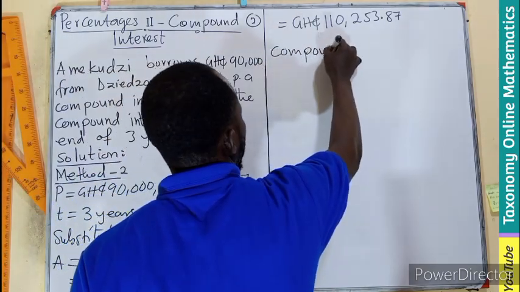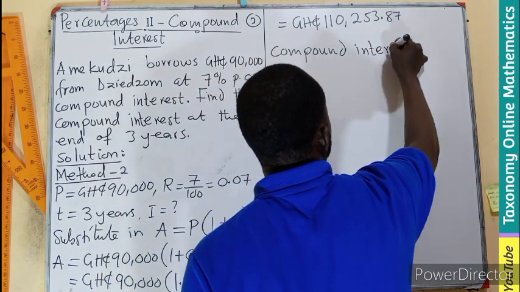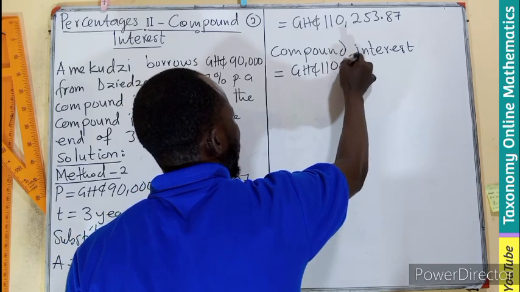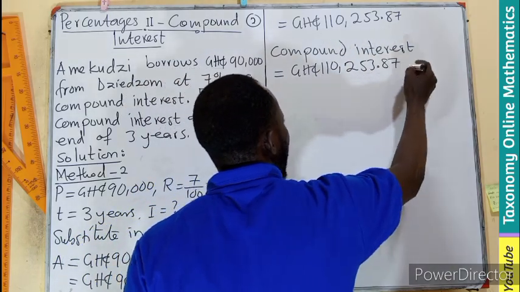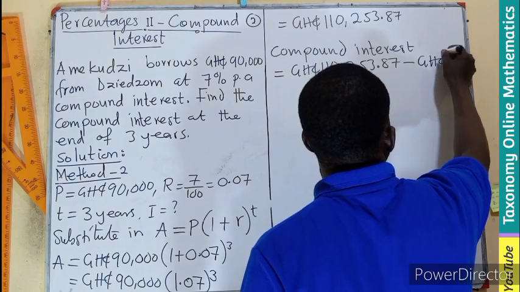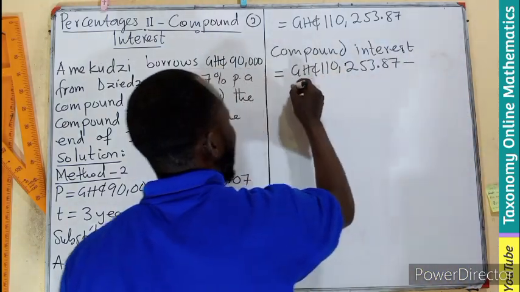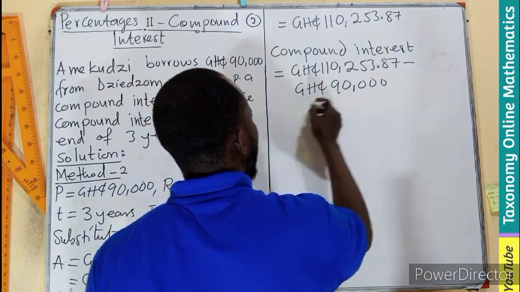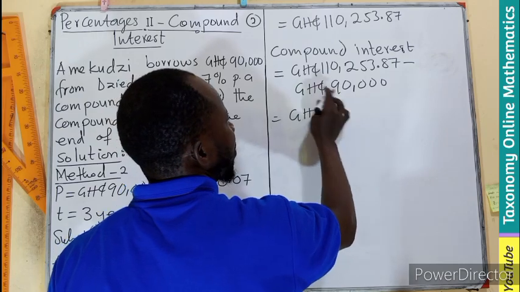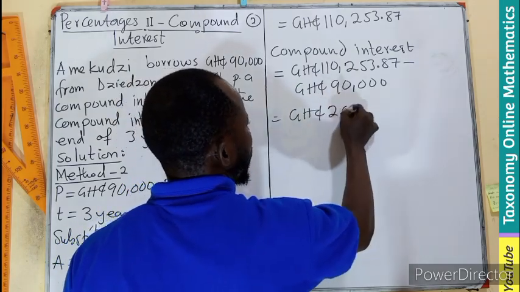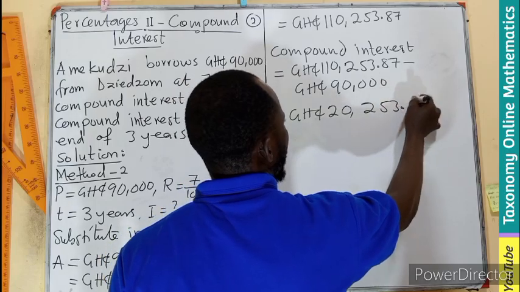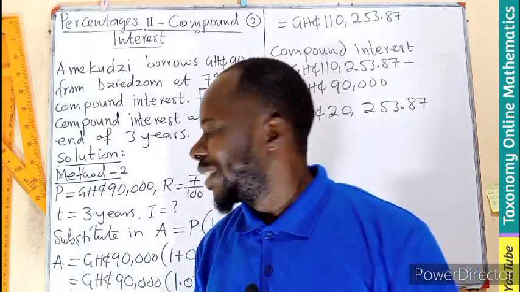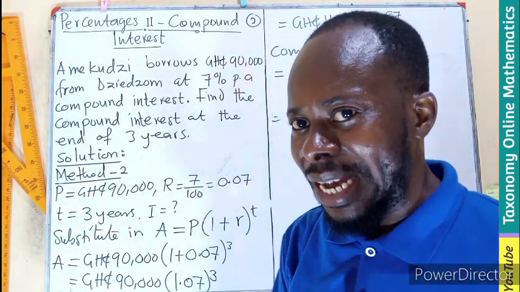So compound interest becomes the amount accrued, 110,253.87 minus the 90,000, which will give you, what was that? When we subtract, we got 20,253.87.